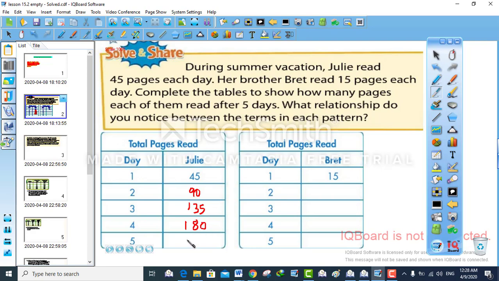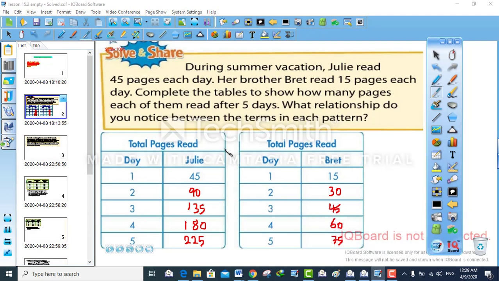Then another 45 is going to be 225. The other one, I'm going to add 15. So 15 plus 15 is 30. Plus 15 is 45. 45 plus 15 is 60. Now finally it's 75.